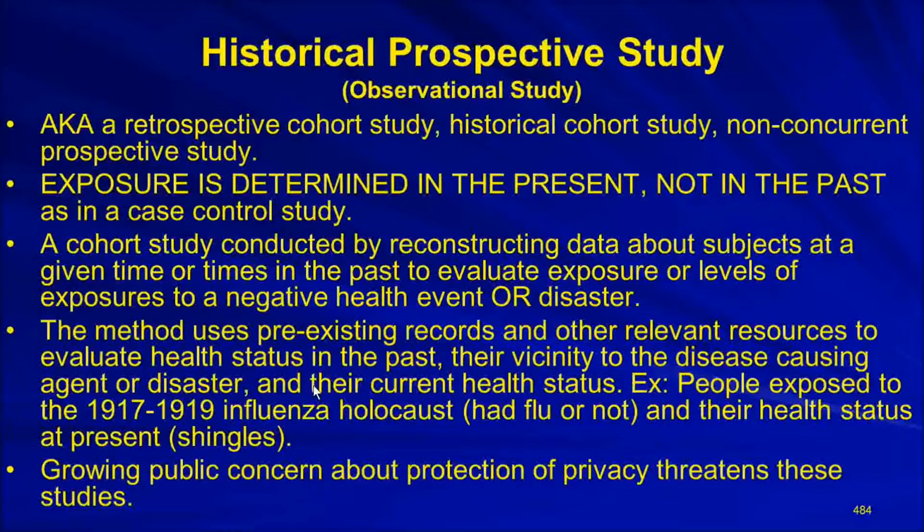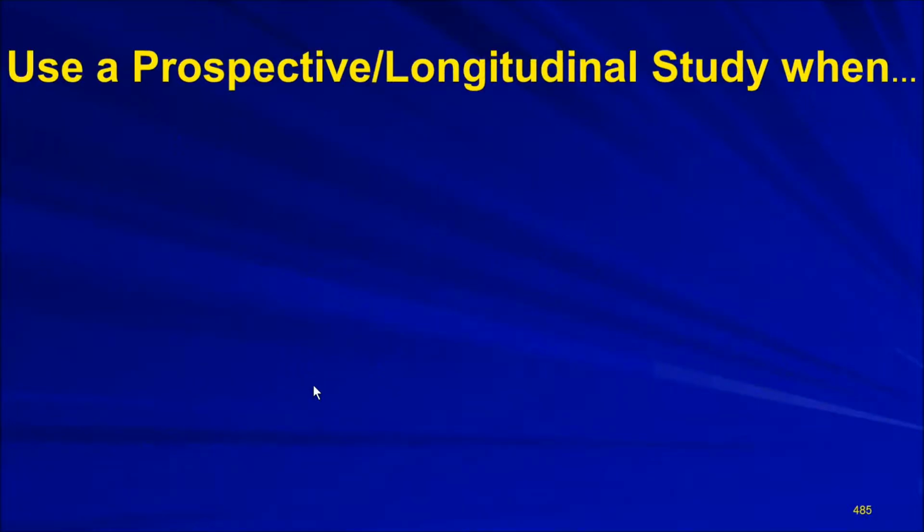And now I'd like to talk about the gold standard of all observational studies, which is a prospective longitudinal study. And you can use a prospective longitudinal study if you meet the following specifications.